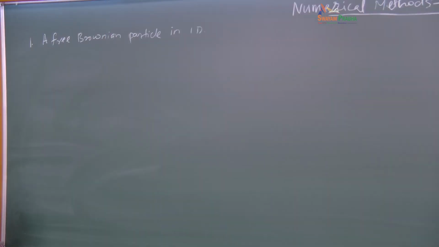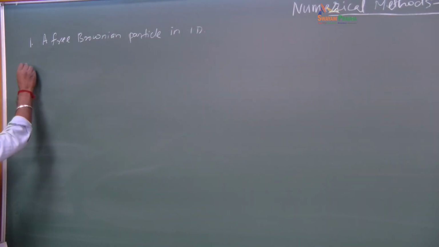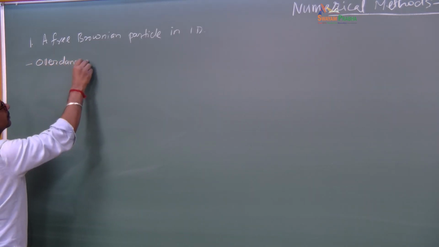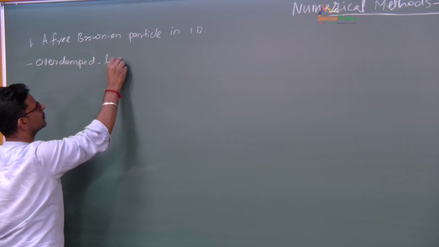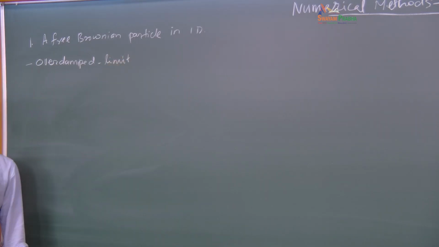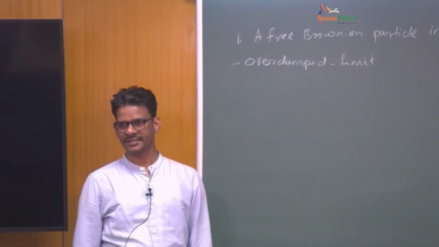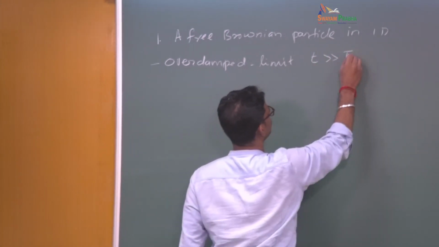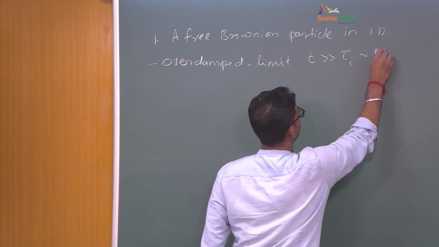So for this case, we will take the overdamped limit. What I mean by the overdamped limit is that the inertial terms are neglected, and this can be done for time t much greater than the inertial time, which is defined as m by gamma.